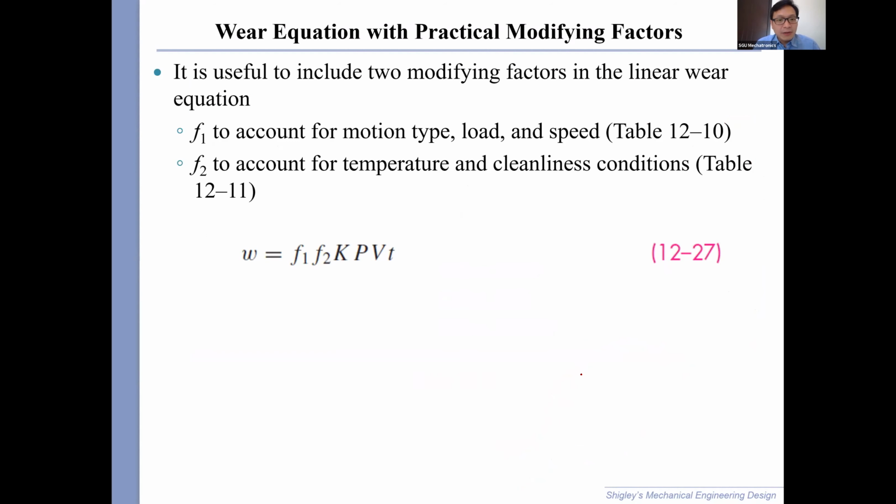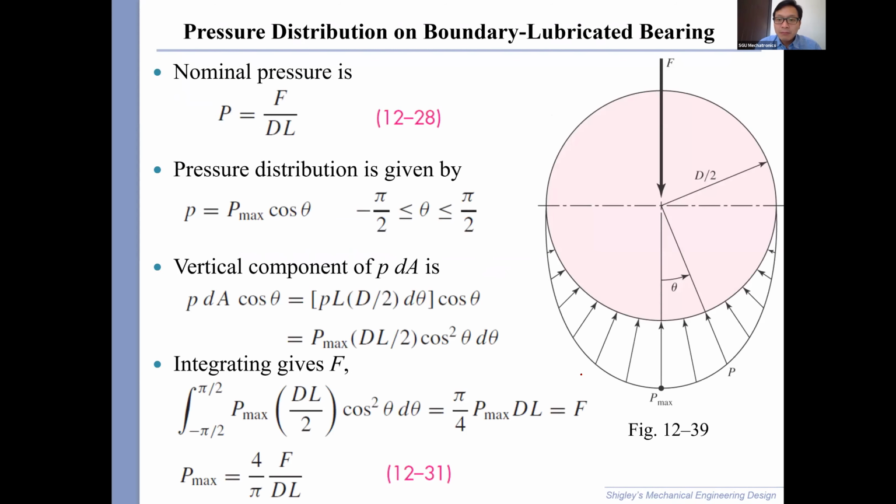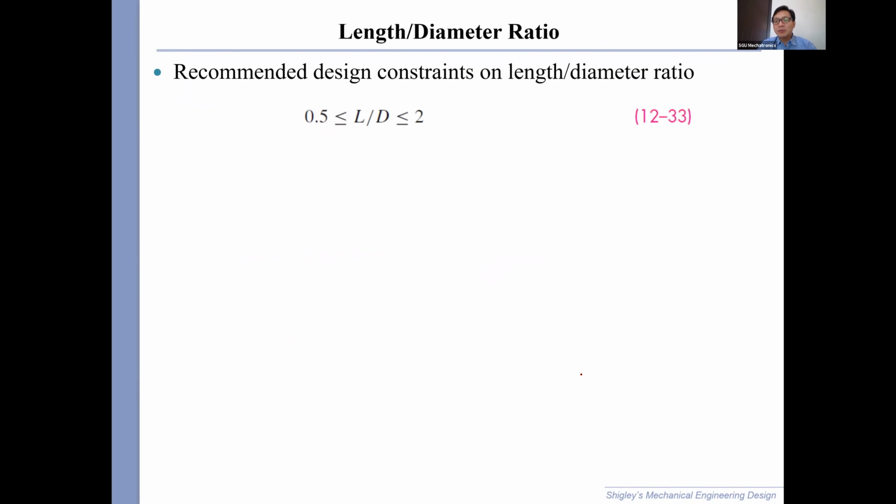We're going to do some equations, not today, but what happens here is that you've got pressure and sliding, okay? Depending on the maximum pressure, the velocity, and the combination of pressure and velocity, you're going to wear out your bushing.